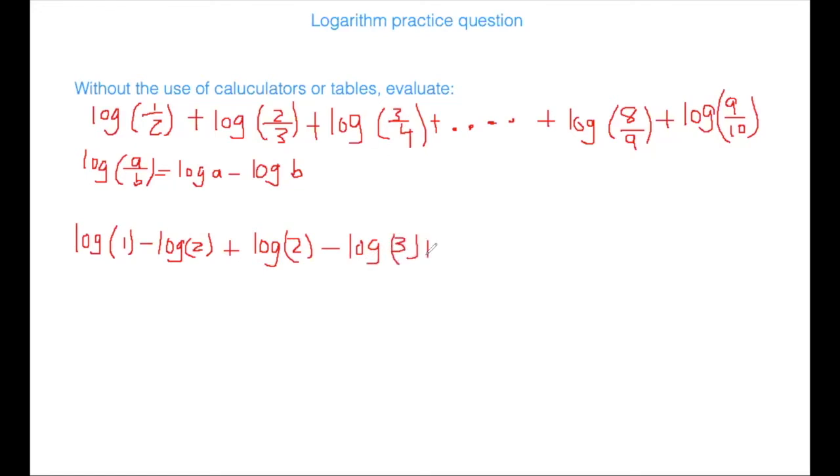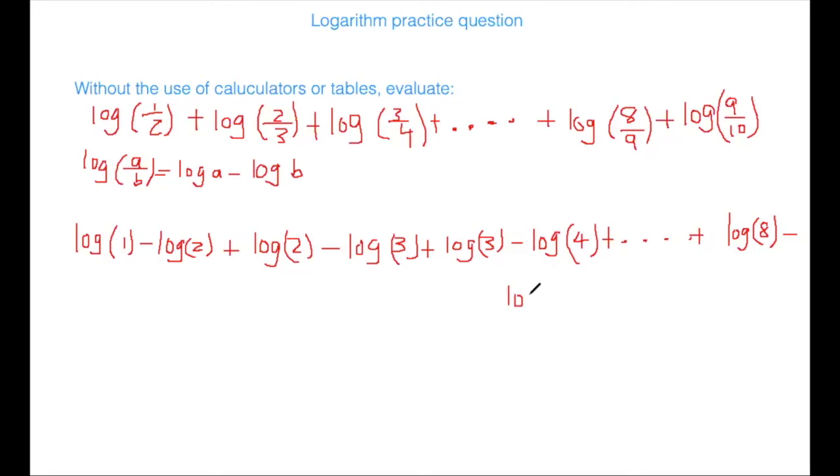Plus, then the 3 over 4 will be expressed as subtraction. So we have log 3 minus log 4. And as you can see, there's a pattern. So the next part, you'd have another fraction, more than likely log 4 over 5. And we could split that. So it continues to where we have 8 over 9 can be expressed as a difference. So that's log 8 minus log 9.